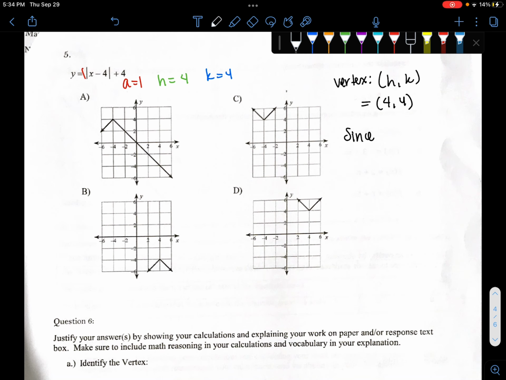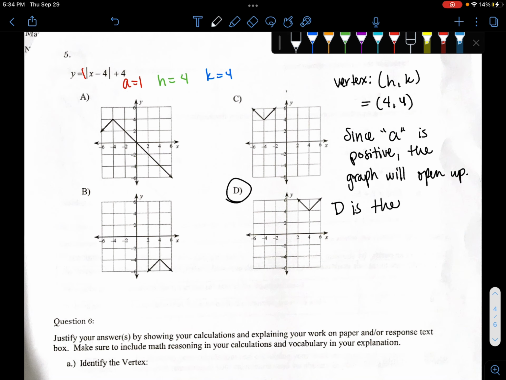Since A is positive, the graph will open up. D is the correct answer because the vertex is at 4, 4.